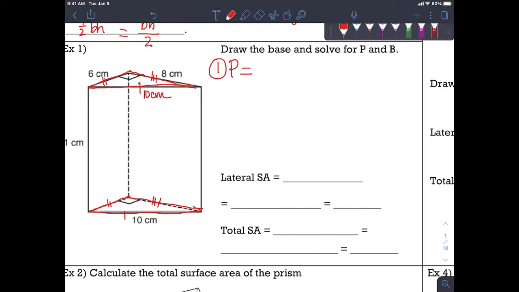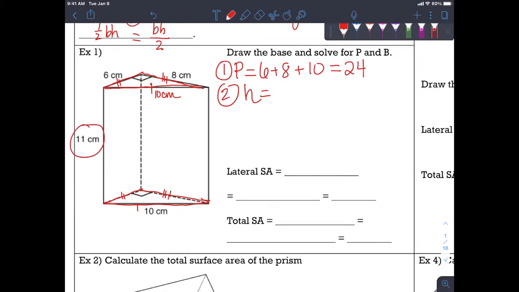I'm going to add up all my sides. All right, I have my perimeter. Step number 2, I'm going to find my height. I look at it and say, this item is 11 centimeters tall.